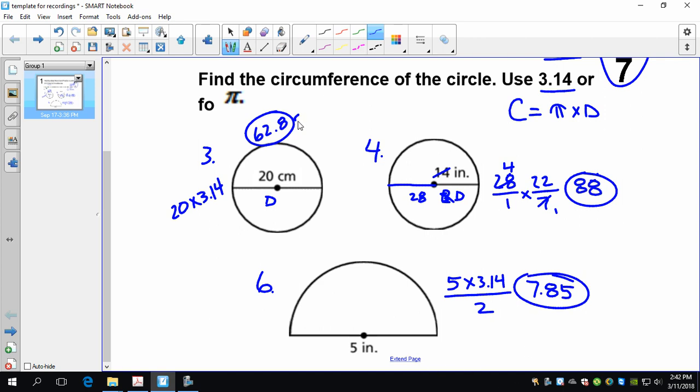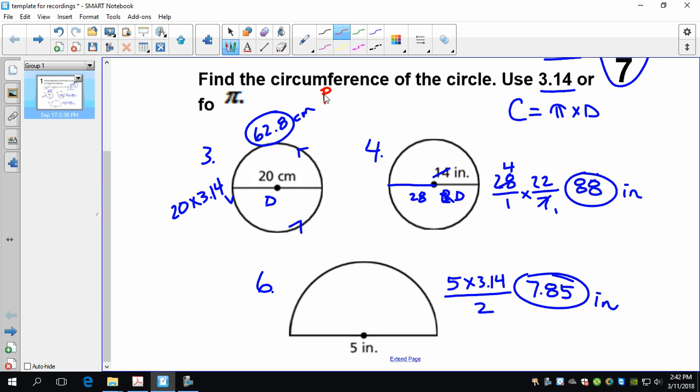And this would be just regular centimeters. This would just be regular inches. And this would also just be regular inches, because we are essentially finding the distance on the outside of the circle, and that's what the circumference is.